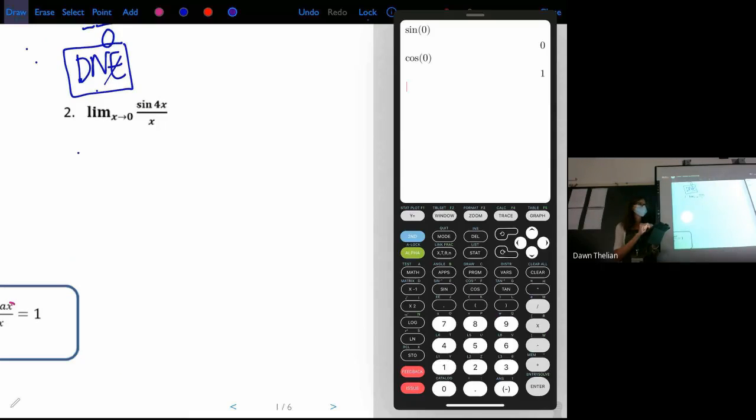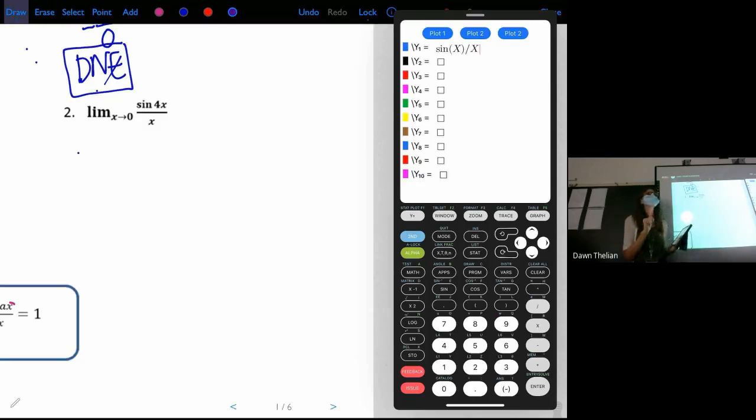Okay, so here's a little technicality. Go back to your y equals. We were looking at sine of x over x. But as long as the numerator has an x and the denominator has an x matching, it's going to go to 1.